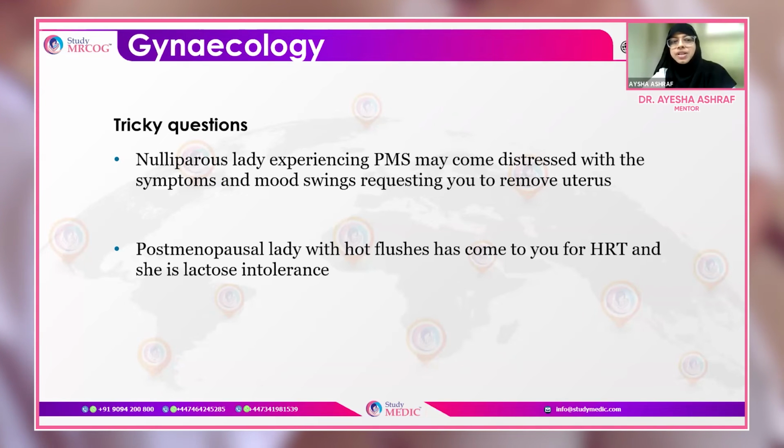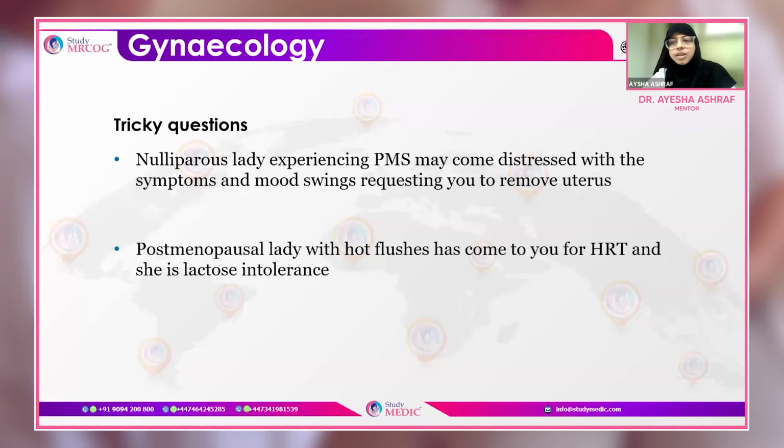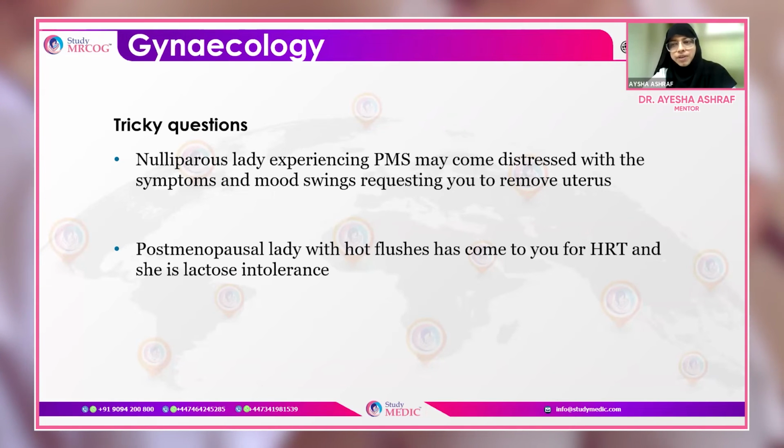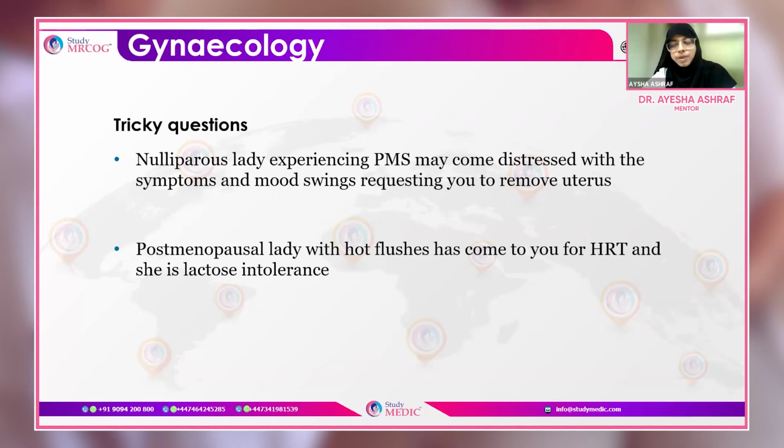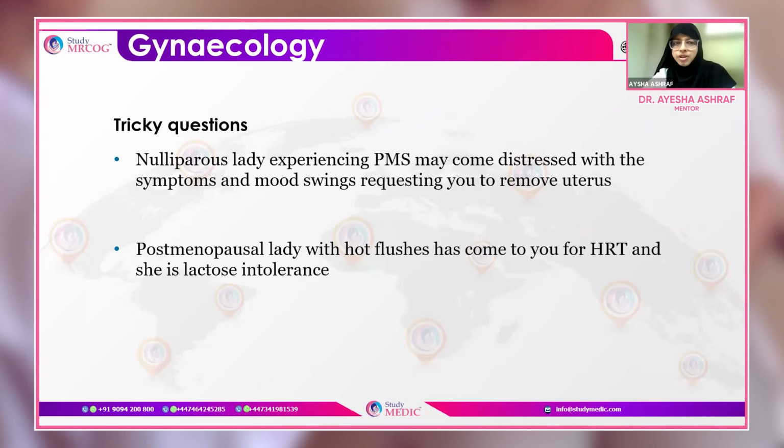Now you can see that she is a nulliparous lady, so ask her whether she is planning a pregnancy. Planning a pregnancy itself will resolve the situation. And then you have to talk about talking therapy, that is cognitive behavior therapy, and also about contraceptive pills or patches and gonadotropin injections, and then the last resort is surgery.